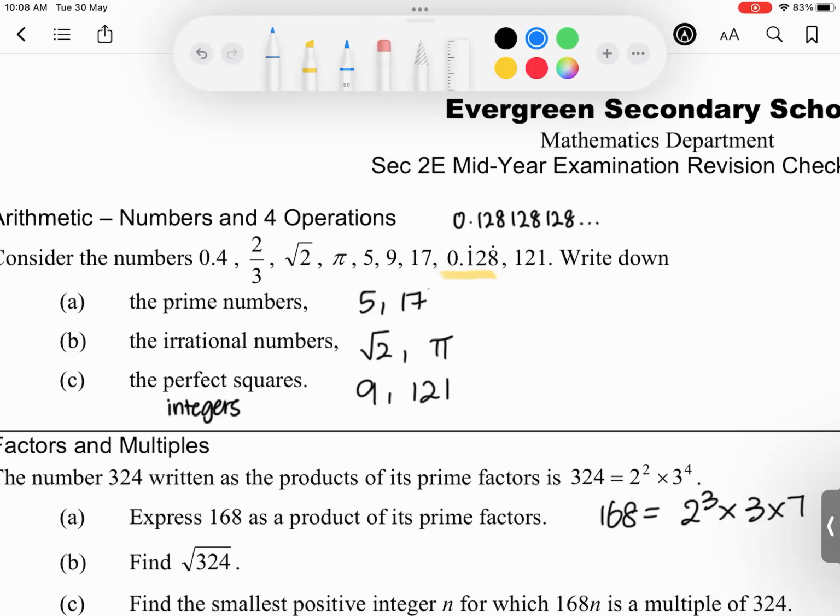Can anyone remember? Anyone recall? For example, what is a perfect square?